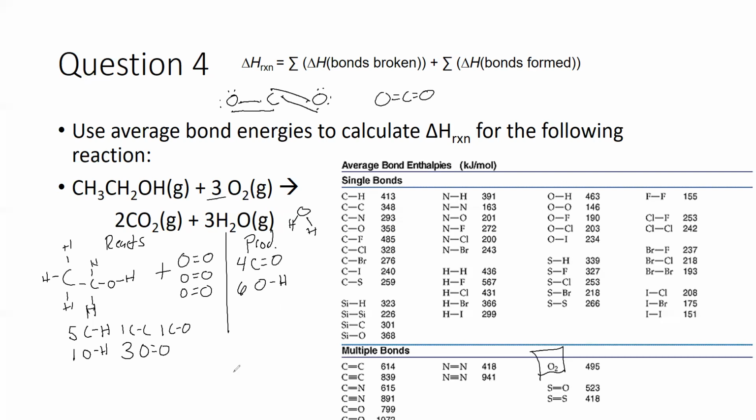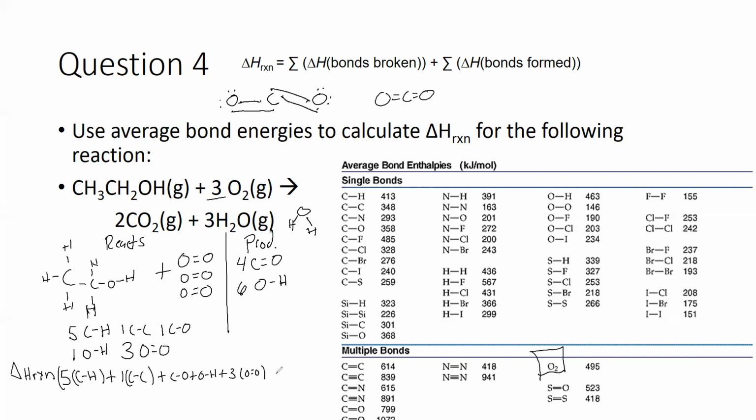And if you're typing, what I'm going to do is write out what the reaction looks like for delta H. So 5 times CH plus 1 times CC plus CO plus OH plus 3 times OO.